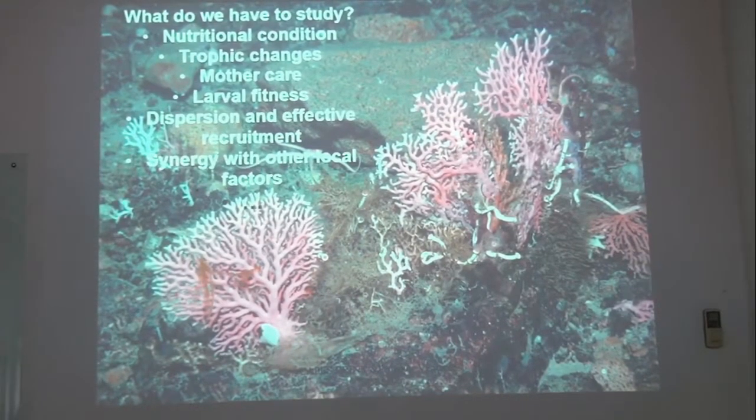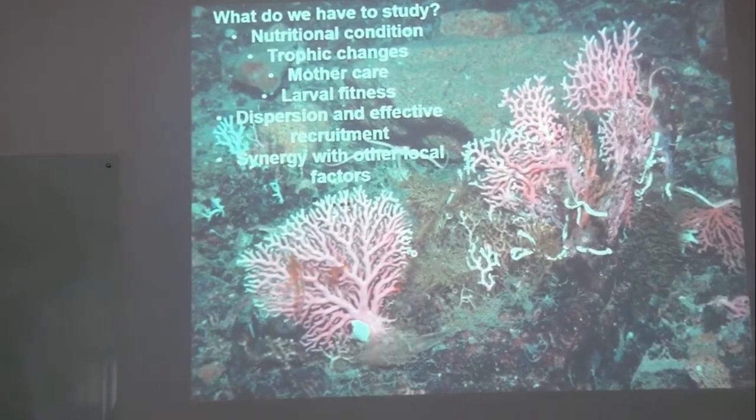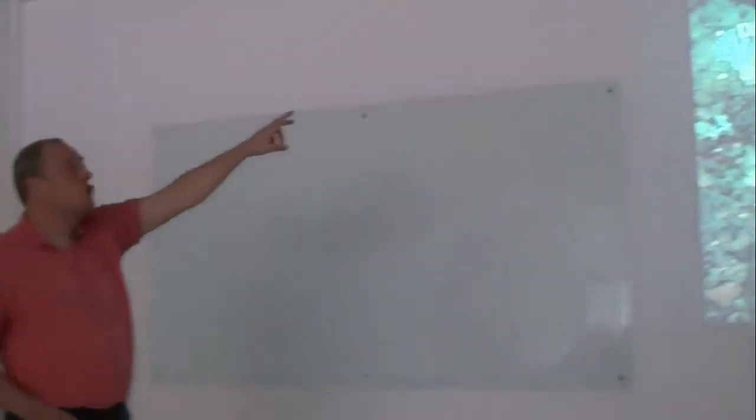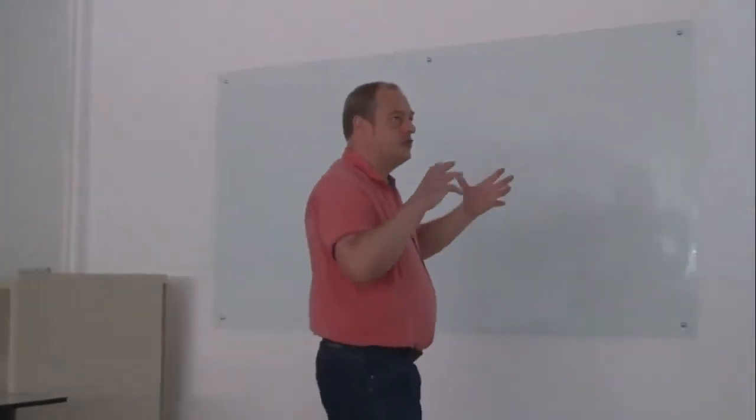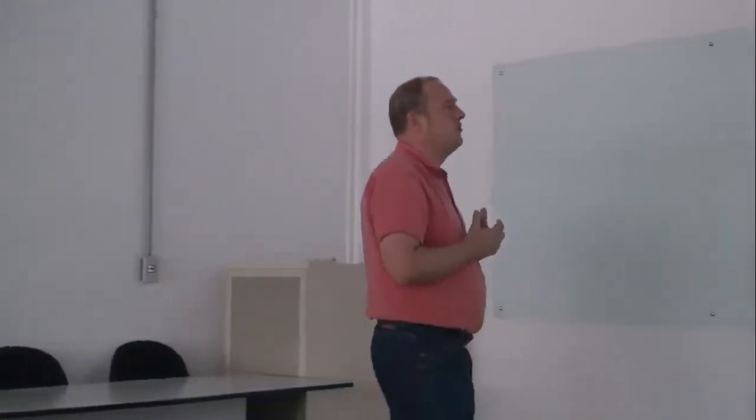On the one side, we are studying what happens in the water column and with the food availability, phytoplankton, etc., which are also mixotrophic, and in this case the repercussions on the nutritional conditions of sponges, gorgonians, and so on. Trophic changes: which kind of trophic change and trophic exchange occurs within systems that are already in transformation.